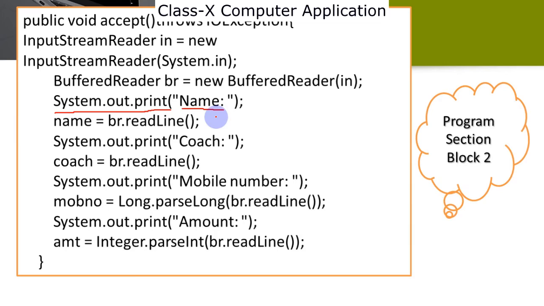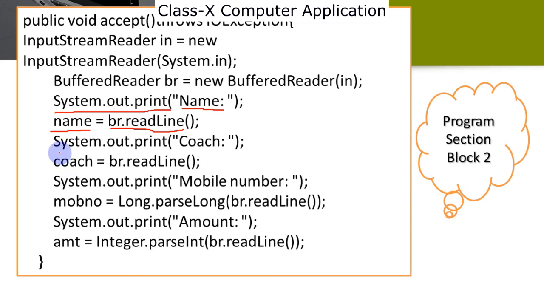Once the cursor starts blinking, you will be able to type the letters. When you type the letters, you have to write the syntax to accept them. So name = br.readLine().